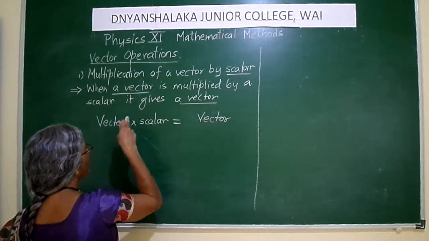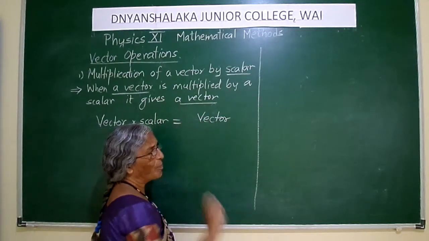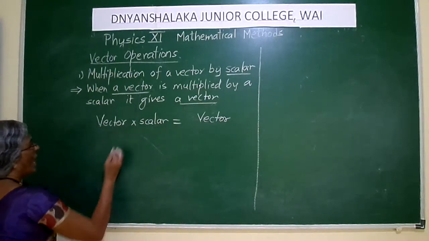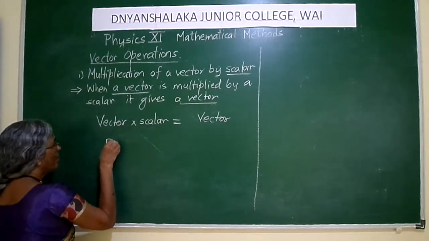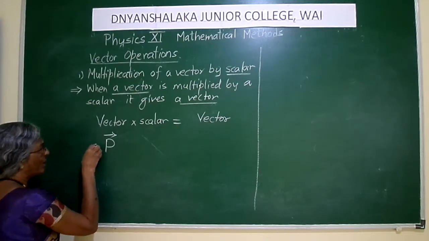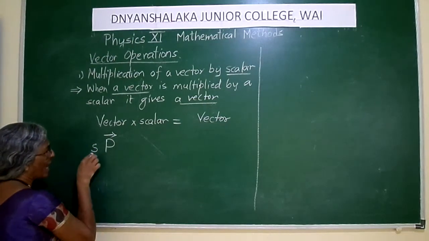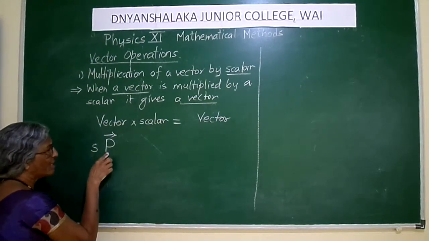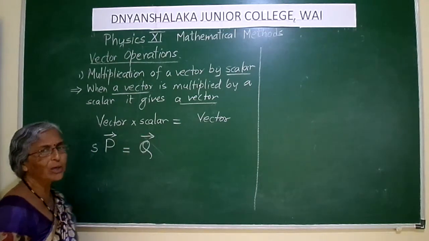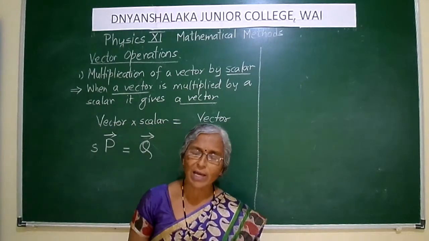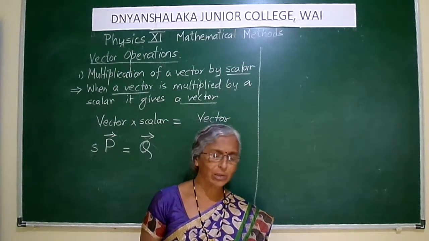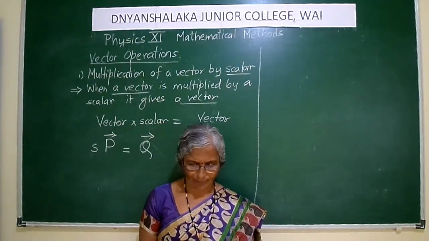So if I have vector p and it is multiplied by a scalar quantity, say s, then s, which is a scalar, multiplies the vector p. The product will be another vector, say q. Okay? So when a vector is multiplied by a scalar quantity, the product is always a vector. Got it?